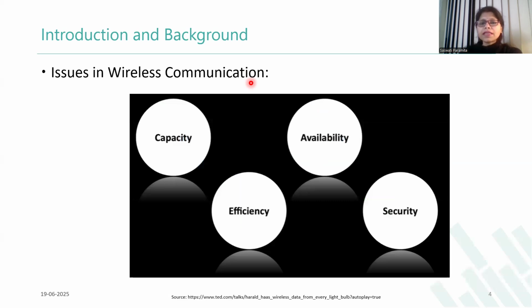Let us see what issues we are facing in the wireless communication system. Basically, we have issues related to capacity, the data rate available based upon the spectrum availability, and how energy efficient our current system is.